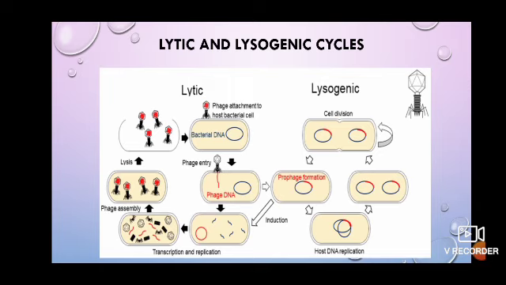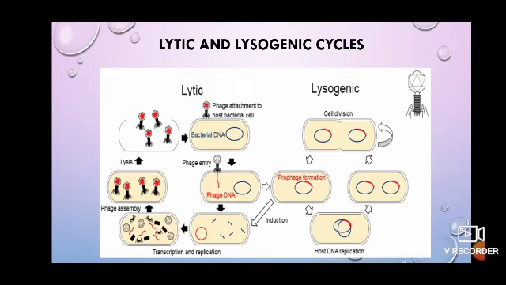The tail fibers of the virion bend to bring the spikes and basal plate in contact with the surface of the bacterial cell wall. Then the tail sheath contracts so that the hollow tail core, the inner tube, penetrates the bacterial cell wall and injects the viral genome into the cytoplasm.